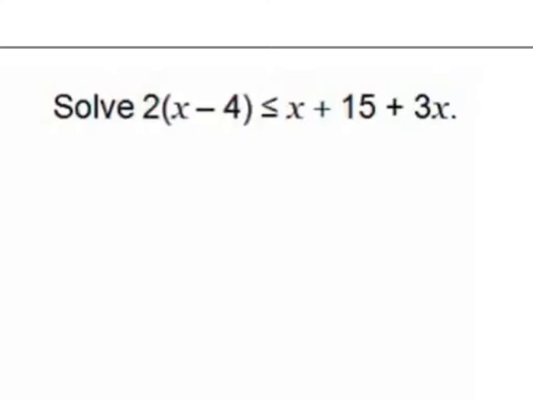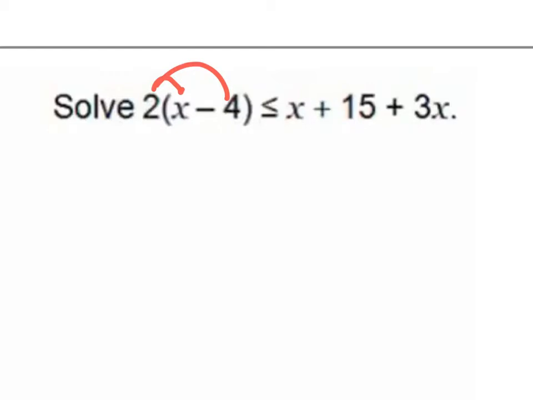So on this one, we've got 2 times the quantity x minus 4 is less than or equal to x plus 15 plus 3x. So I'm going to distribute my 2 first. I'm going to solve this like I would any other equation.